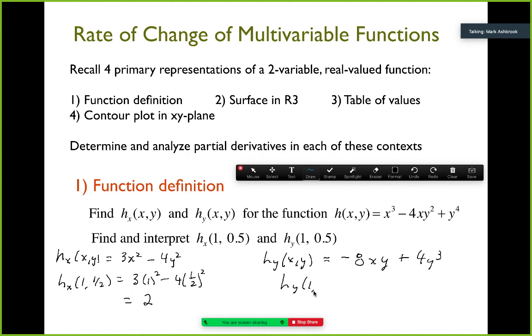So at (1, 1/2), the rate of change is negative 8 times 1 times 1/2 plus 4 times (1/2) cubed. So negative 4 plus 1/2, this is 1/8, negative 3.5.